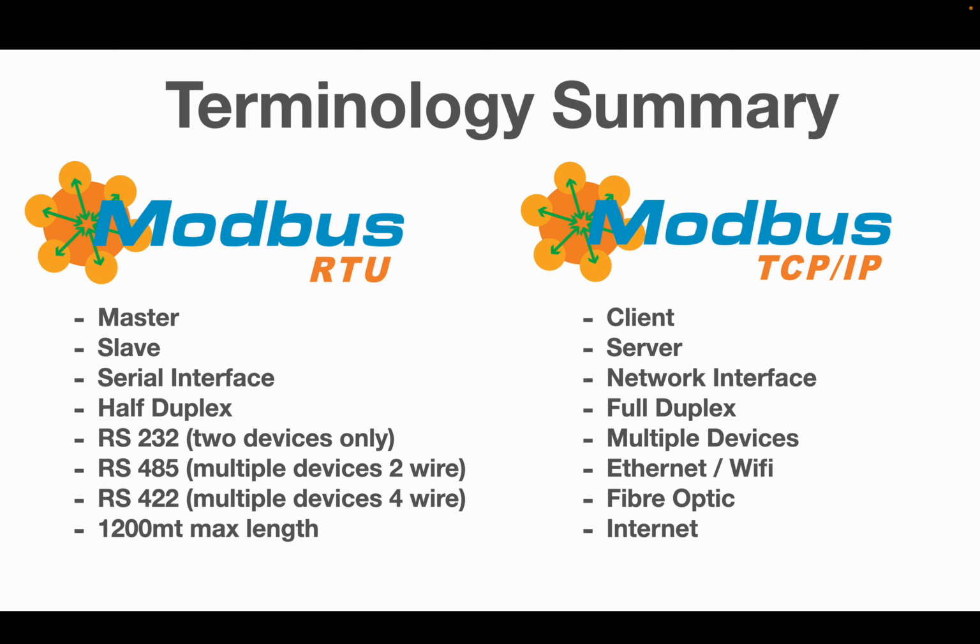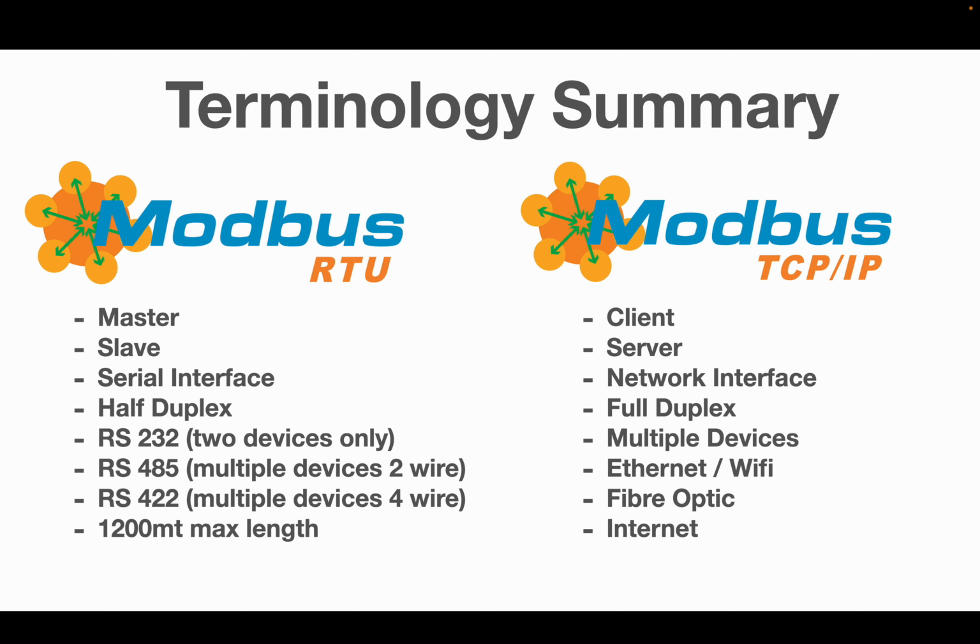On TCP, it's a type of network interface without defining it exactly, because it could be fiber optic, it could be Ethernet, it could be Wi-Fi, it could be a connection that runs through the internet, where there's many transitions. It's always full duplex, and you can always have multiple devices on it. So I hope that gives you a quick summary and a quick overview to clarify some of the terminology that is used in conjunction with Modbus, TCP and RTU.